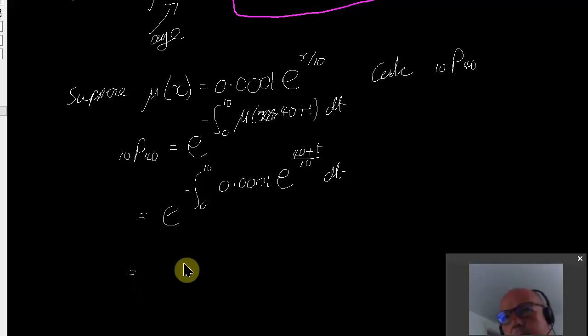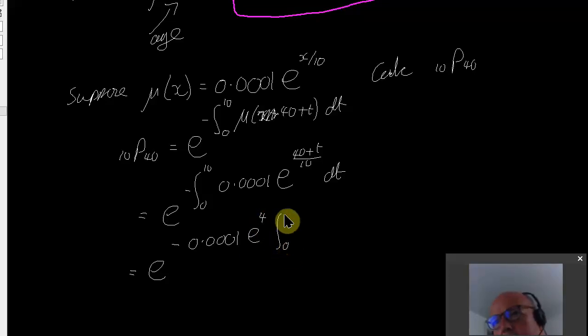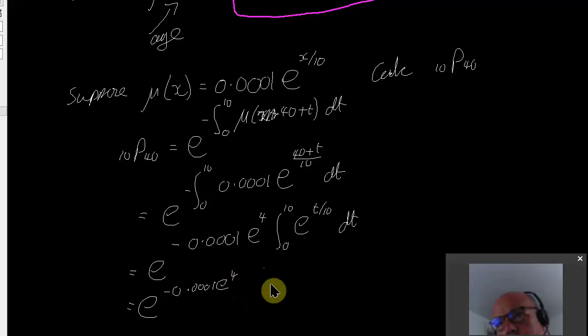Which is e to the minus 0.0001, which comes outside the bracket, e to the 4 comes outside the bracket, integral between 0 and 10 of e to the t over 10 dt, equals e to the minus 0.0001 e to the 4 times the integral of that, so 10 e to the t over 10 between 10 and 0.